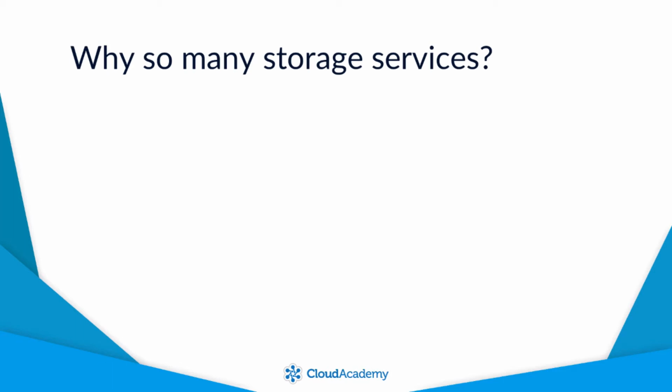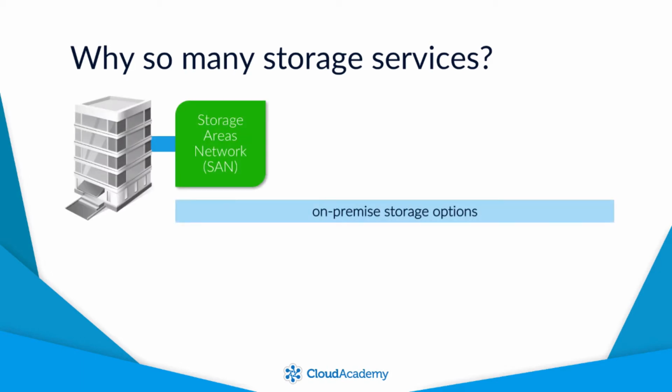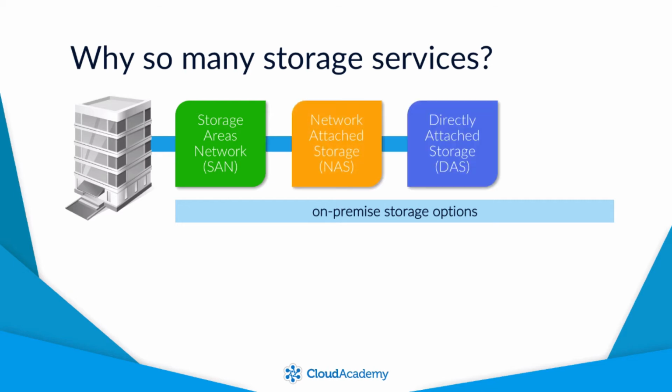For example, you are likely using different storage devices, such as a storage area network, known as a SAN, network attached storage, known as a NAS, directly attached storage, and also tape backups, to name but a few. Now for this course, it's not important to understand in detail what each of these solutions are and do. However, the point I'm trying to make here is that they all perform the same function, the ability to store data.